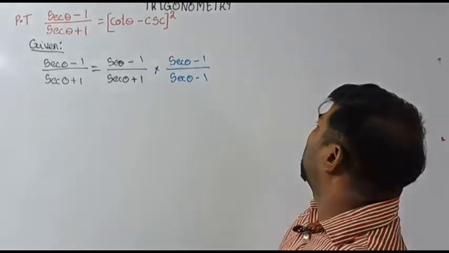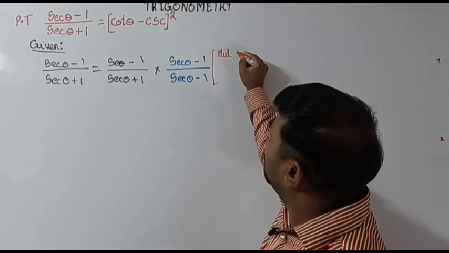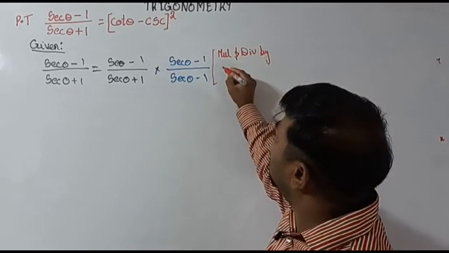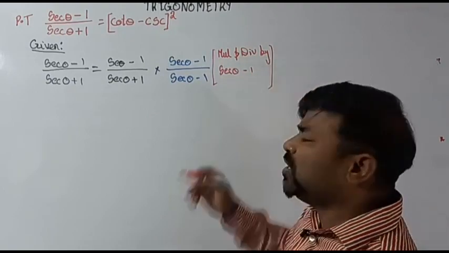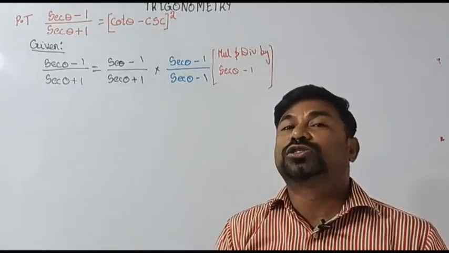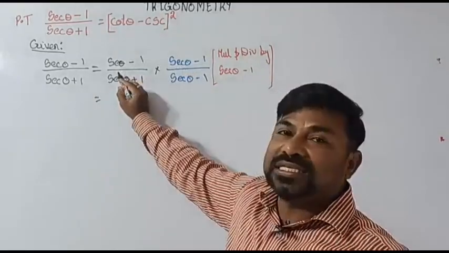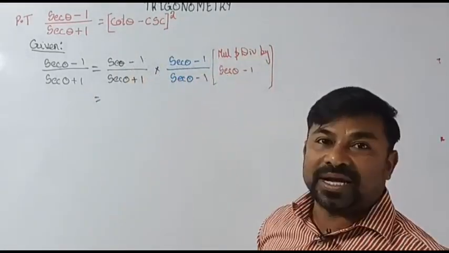That's the logic we have chosen here. Why did we do that? What's the purpose behind that? Because please remember, if you see the numerator here, it is in the form of secant theta minus 1 into secant theta minus 1.